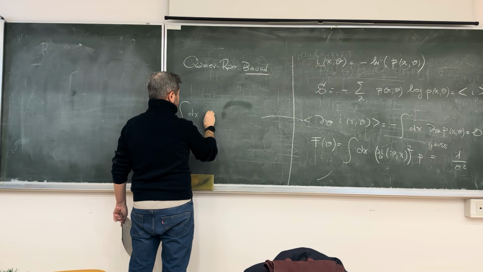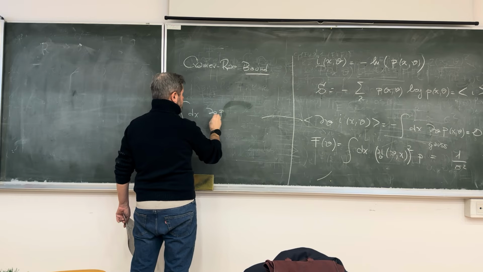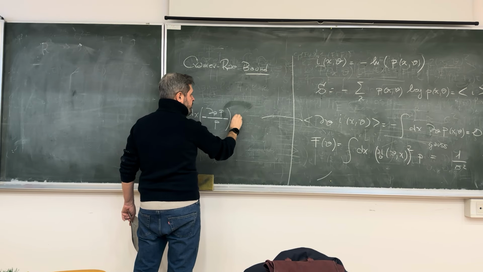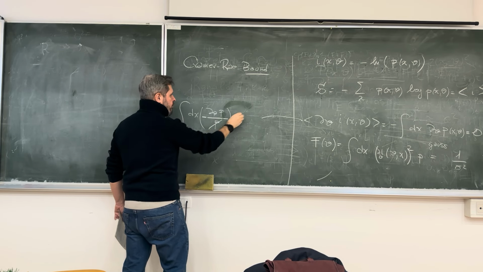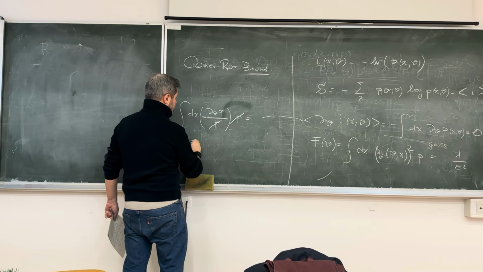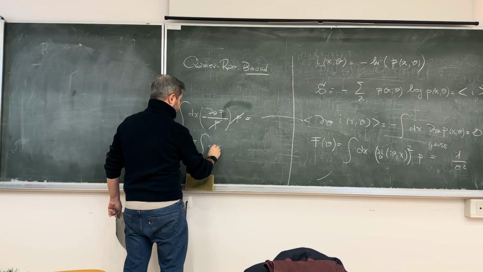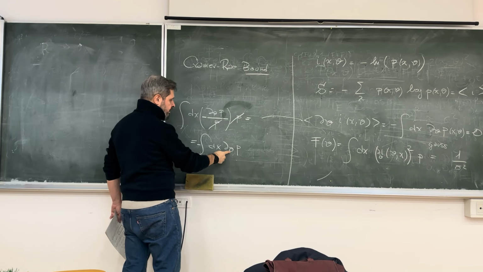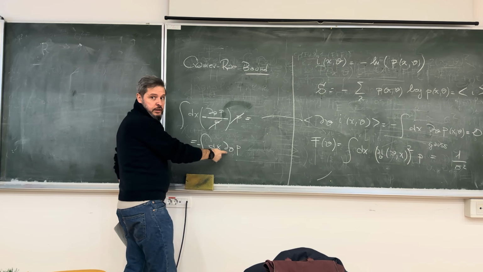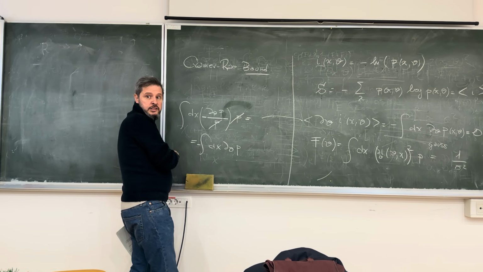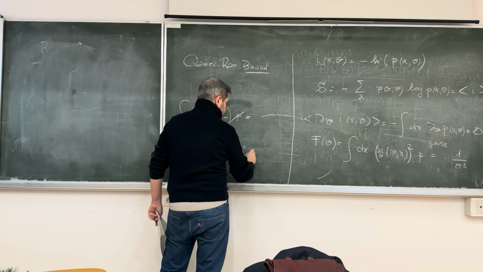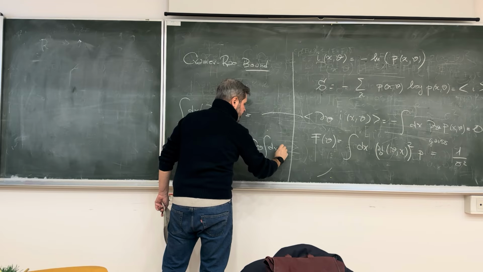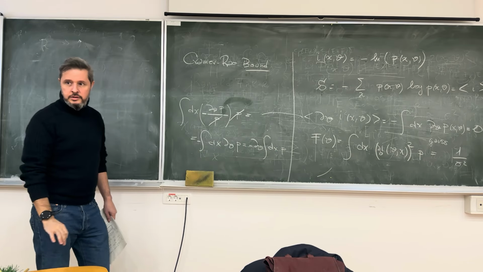So it's d theta p divided by p with a minus sign times p. So the p goes with the p. Then this is equal to the integral dx of minus d theta p. But now the d theta, since here I'm integrating over x, I can take it out of the integral sign. Is that clear? So this is minus d theta, the integral dx p, and this is equal to 0. Good. Okay, thanks.